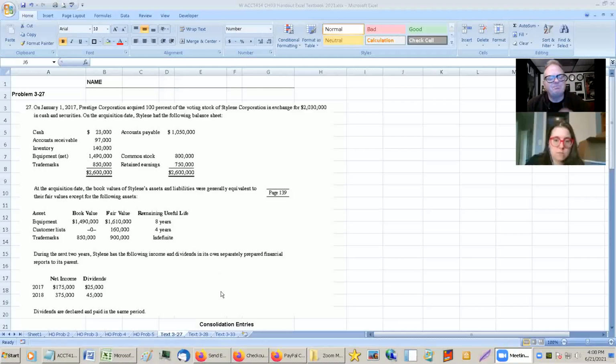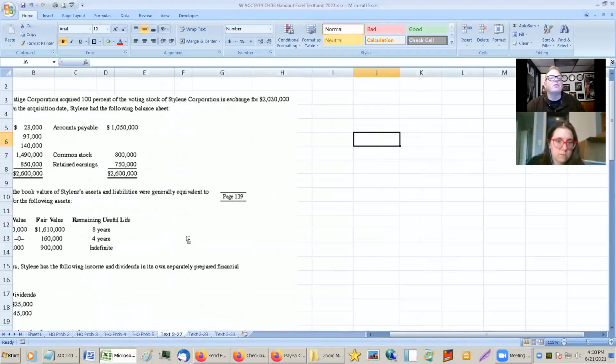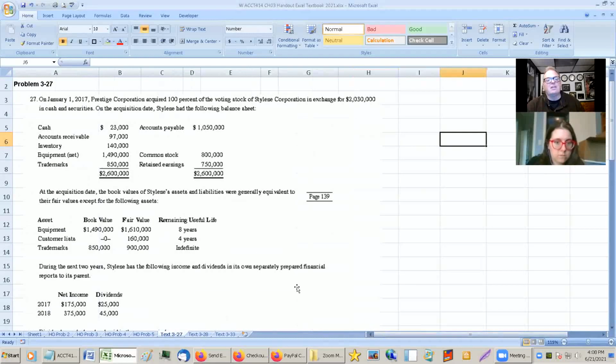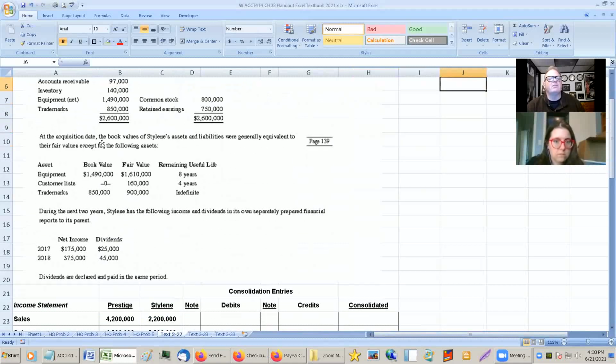Let me share my screen. None of these are really clean. I say that because this one, 327, is a little bit kooky because it gives you information.